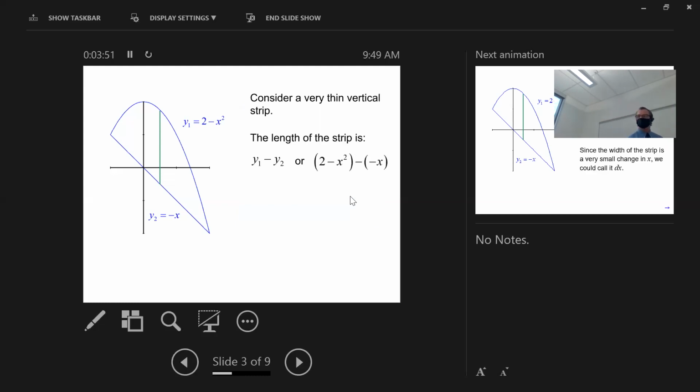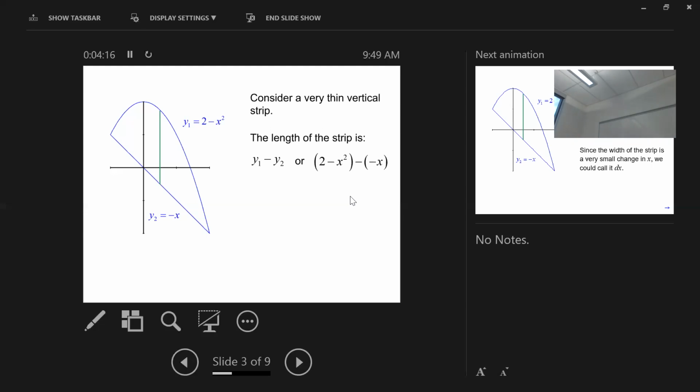The strip is how tall, the length, which is essentially the height of this strip, is there to there. Y1 take away Y2. It is upper take away lower. So we would say this take away that.